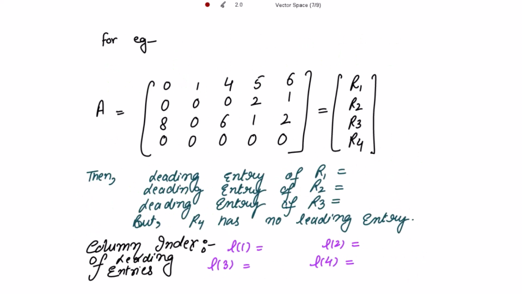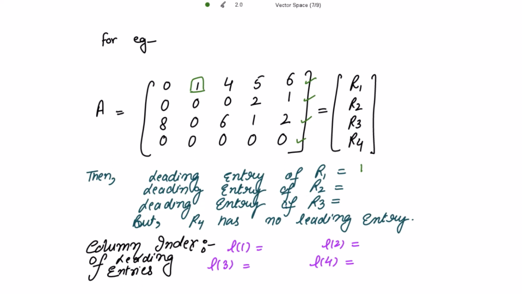For example, this is your matrix A and this is your first row denoted by R1. This is the second row denoted with R2, third row and fourth row. Please tell me, what is the leading entry of R1? It is 1. Very good. What is the leading entry of R2?